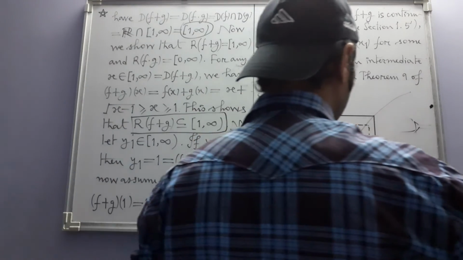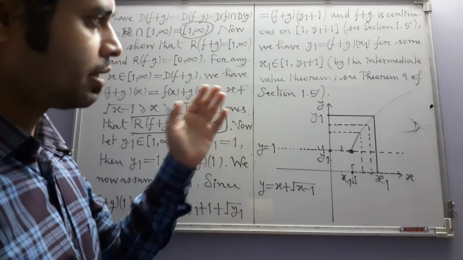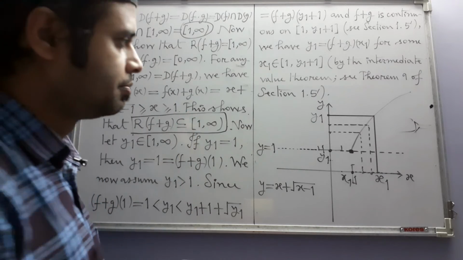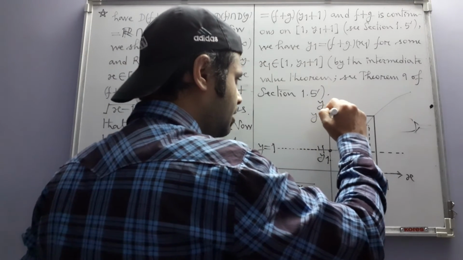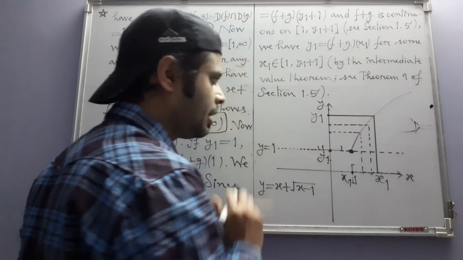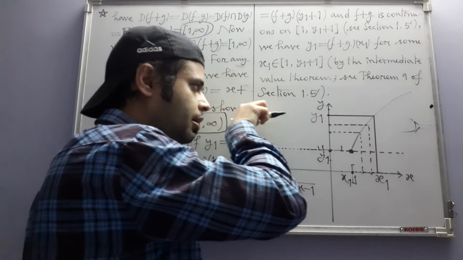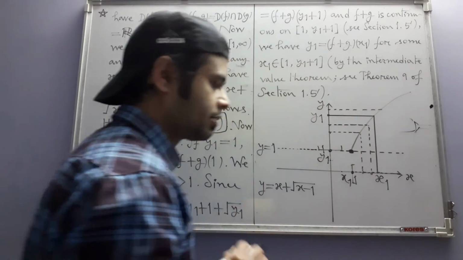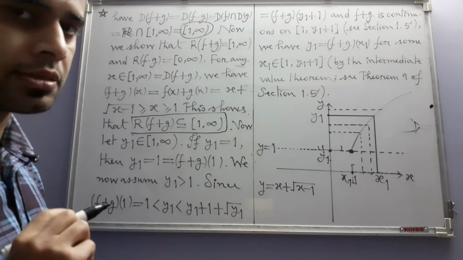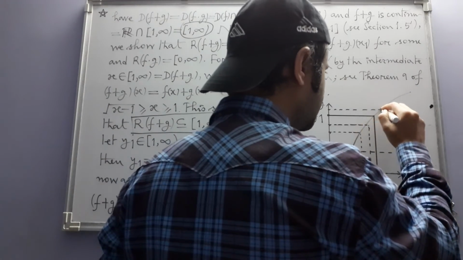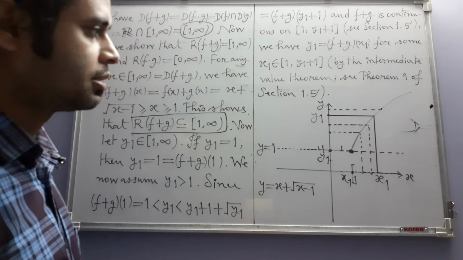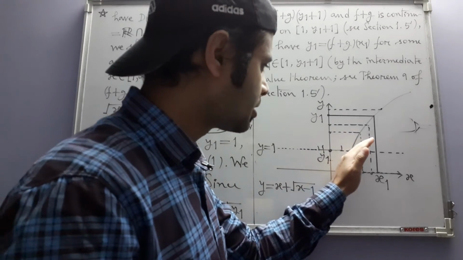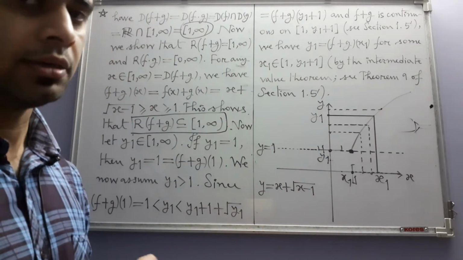Now, do you see that this entire thing rests on one assumption, namely whatever our y1 is, we are assuming that if we draw a line parallel to the x-axis, the line will intersect the graph somewhere. That is the assumption. This assumption is of course true for this graph, but do you see why it is true? It is true because the graph is not broken anywhere.